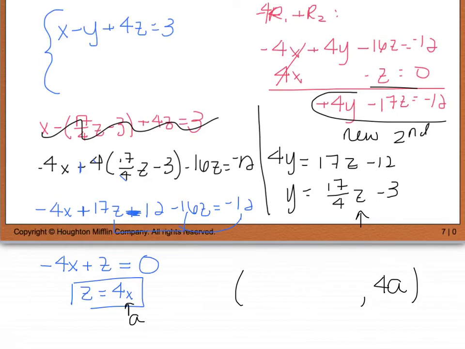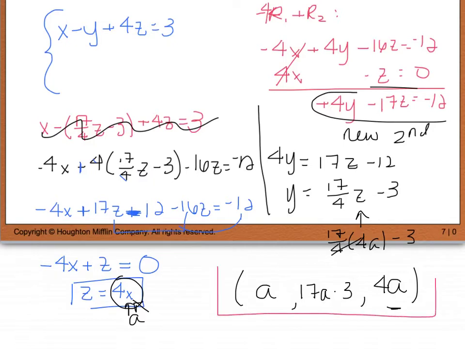So if I go 17 fourths times 4a, and I'm getting that because of what I've got here, minus 3. My 4's are going to cancel, and I'm left with 17a minus 3. And my x then, if you notice, we've been plugging in an a for x, so I'm just going to plug that in there. So this right here now is my final solution to my non-square system.